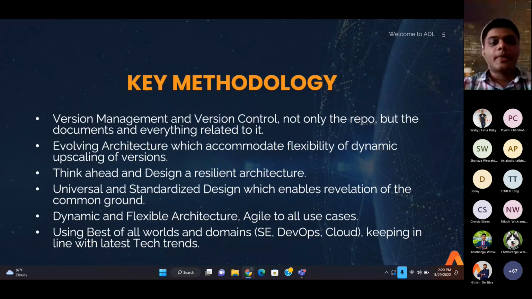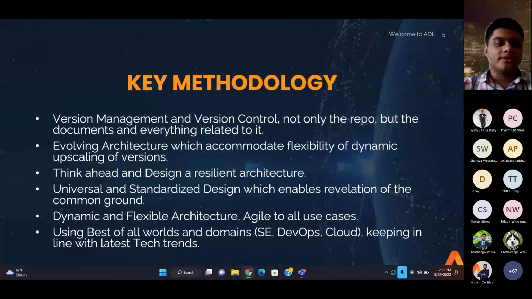So therefore, evolution should be accommodated, unless, as we can see, certain applications, mainly banks and similar applications, would introduce a new software rather than evolving the existing software. These are some of the reasons the architecture is not bulletproof and not accommodating change or evolution.